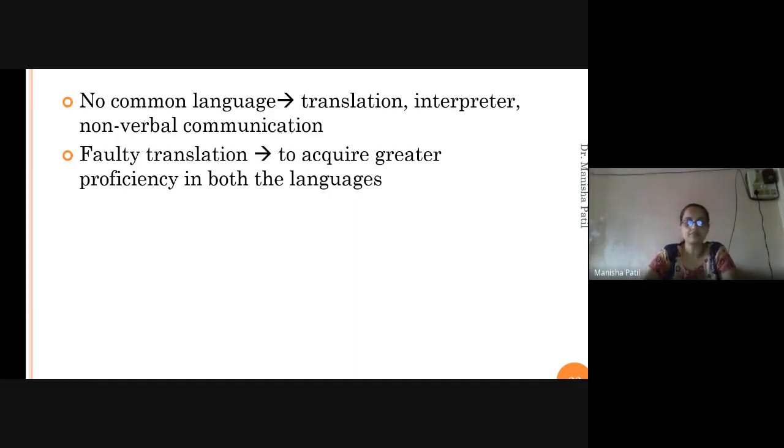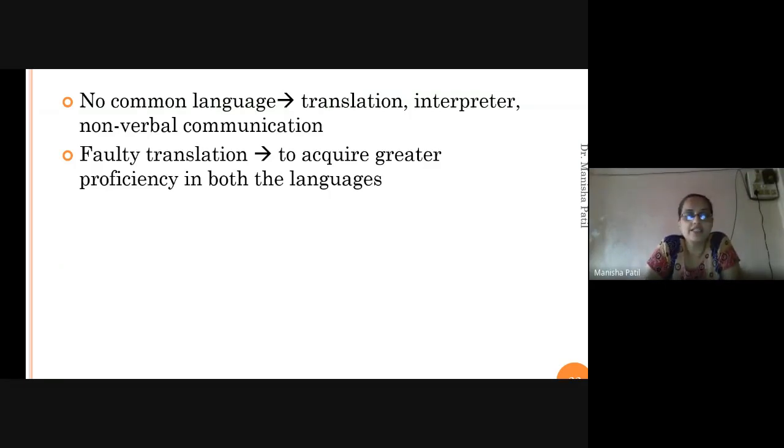For example, you have the word kanuni ma. What does it mean? Are you able to hear me? Yes, ma'am. Okay. So if I use the word kanuni ma, what does it mean? It is the faulty translation.